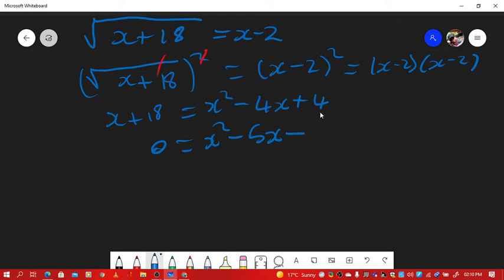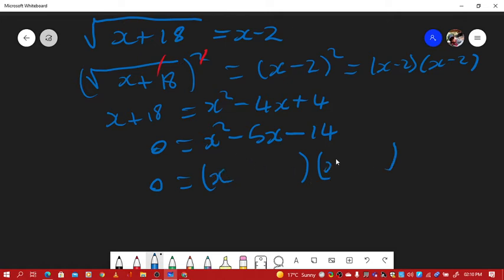So we have negative plus 4 is equal to negative 14. Okay, so now I need the factors of 14. When I add or subtract them, that will give me 5. So factors of 14, we have 1, we have 2, we have 7, and 14 itself.